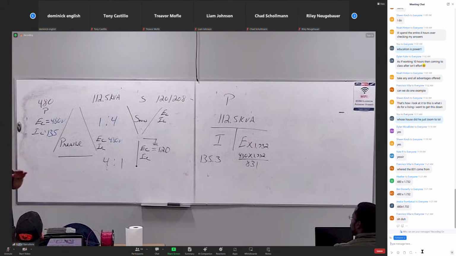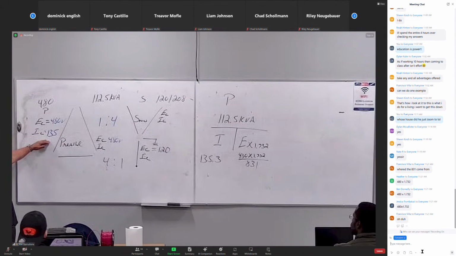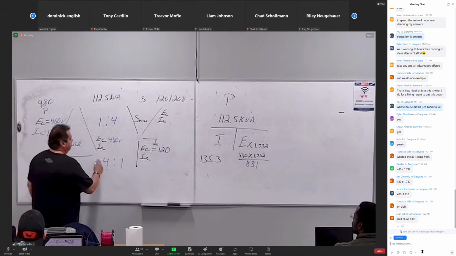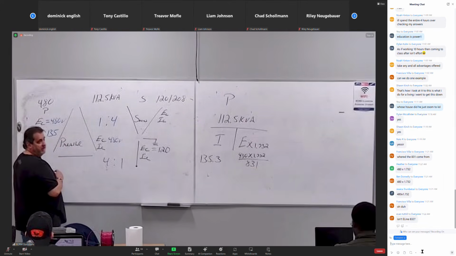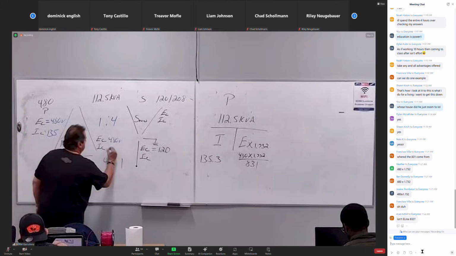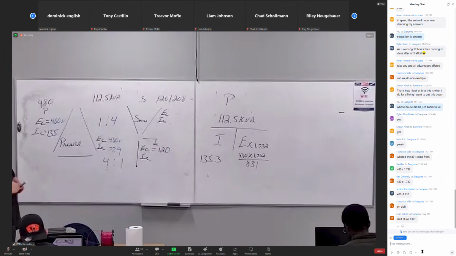Or think of it in reverse, coil will be smaller than line by dividing by 1.732. So if I take 135 and divide it by 1.732, what do I get? 77. Does that make sense?